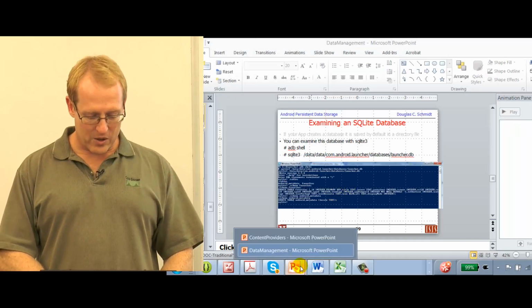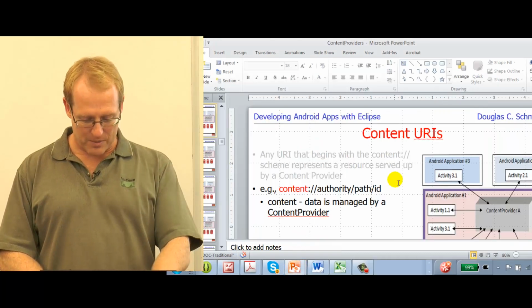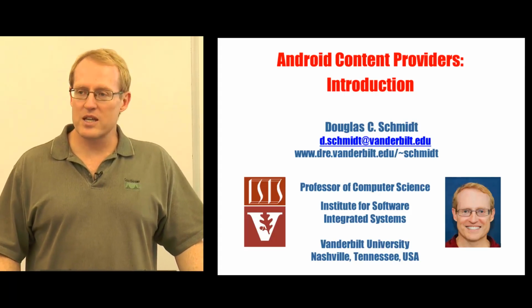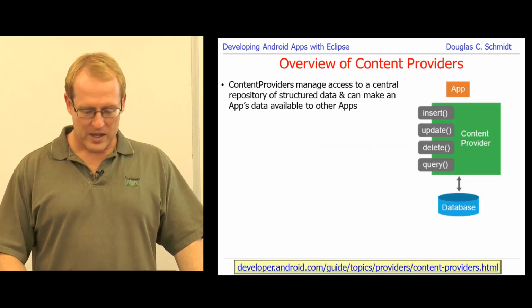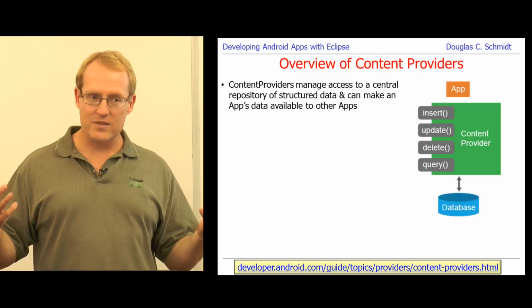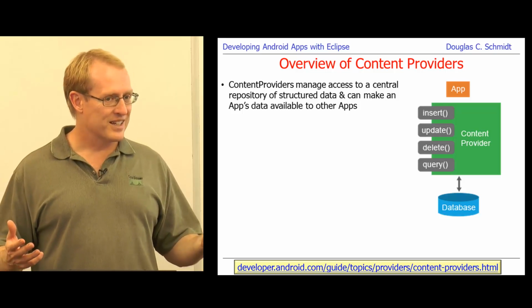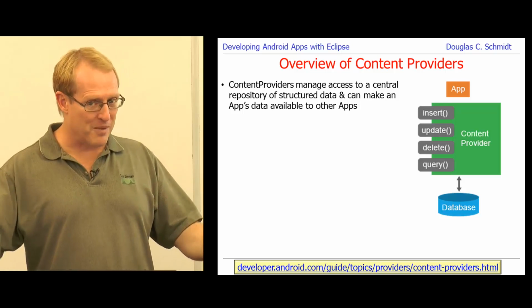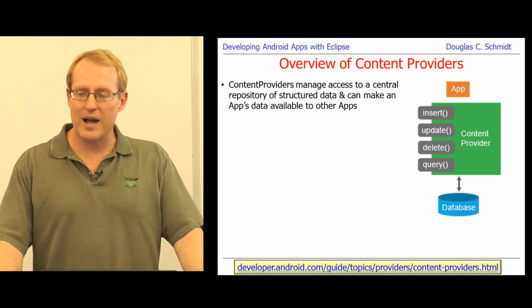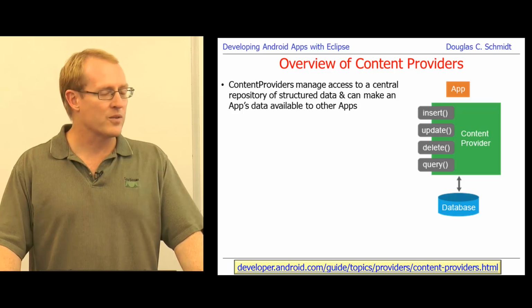What I'd like to do now is switch over to the next topic, which is content providers. As we'll see here, content providers are basically a way of taking various kinds of data stored in various ways, SQLite being by far the most common, and making that data accessible to other applications besides just one application.